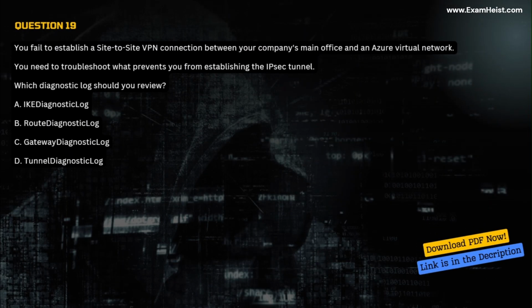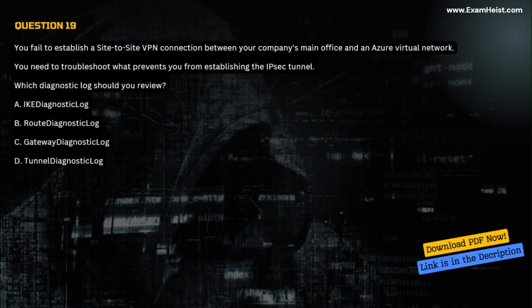Question 19. You failed to establish a site-to-site VPN connection between your company's main office and an Azure virtual network. You need to troubleshoot what prevents you from establishing the IPsec tunnel. Which diagnostic log should you review? A. IKE diagnostic log. B. Route diagnostic log.